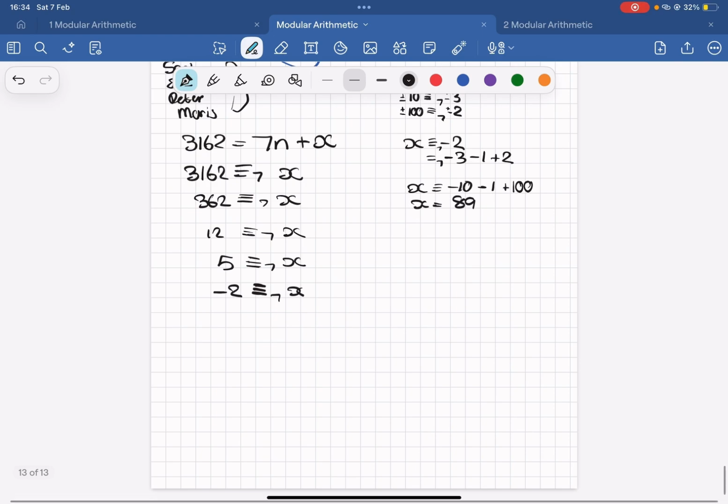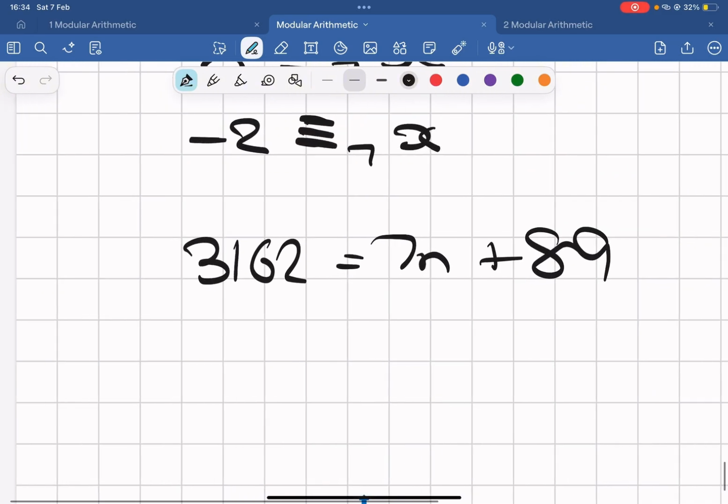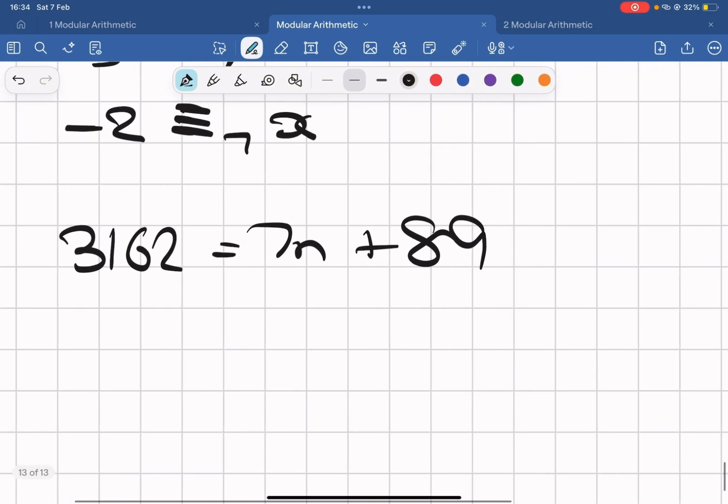So that's all good. So 3,162 equals 7n plus x, which now we know is 89. 3,162 minus 89.